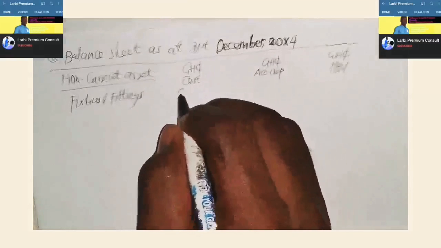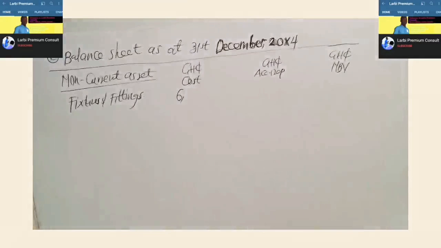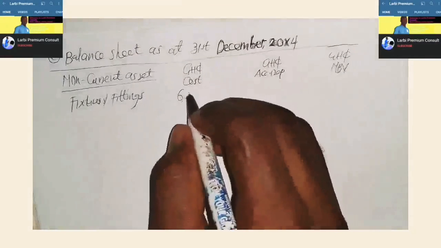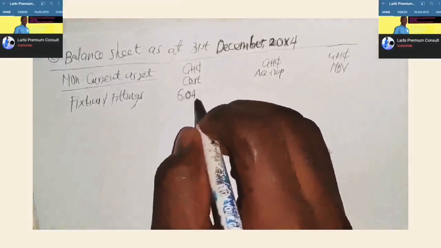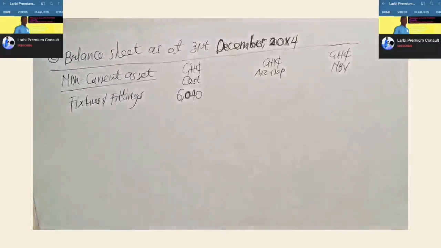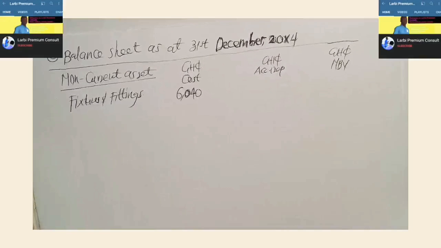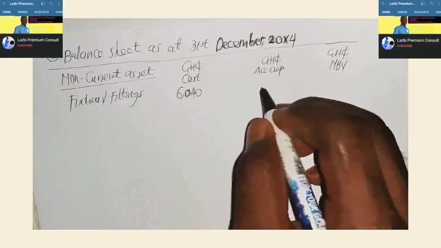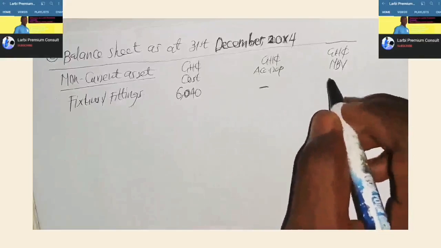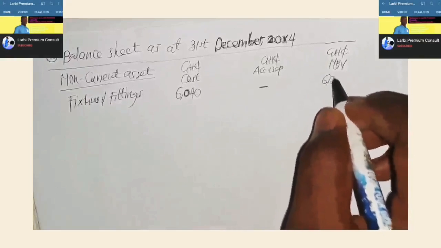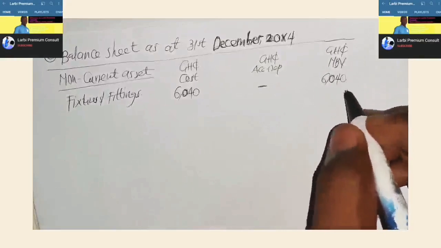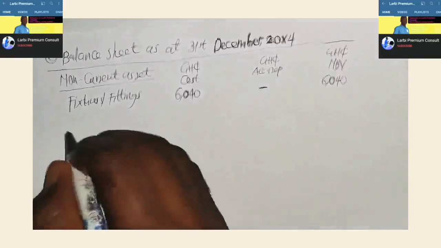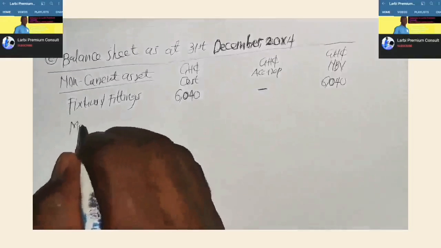It was 6,040. At the end of December 20x4 it was the same thing, so no depreciation, so the net book value remains the same, 6,040. All right. Then we are having motor van.